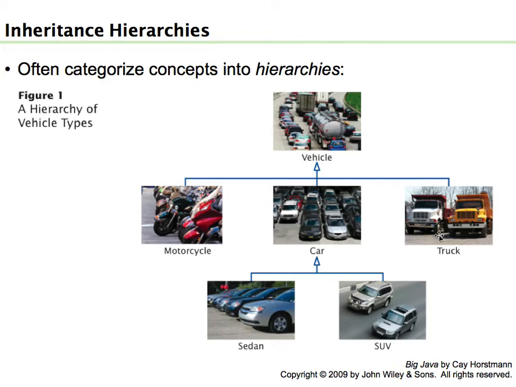Then each particular vehicle type, motorcycle, car, truck, has its own specialty that specializes the generalization that exists in the vehicle class, and so on. You can have a multi-level hierarchy of classes, inheriting classes, inheriting classes. When you look at the API documentation, when the documentation describes a class, the first thing it says is what classes it inherits from.